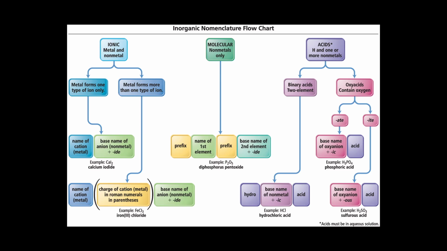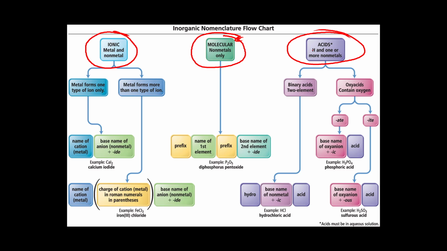And so if you're confused as to what kind of molecule you have, the key is this top section right here. If you have a metal and a nonmetal, that is an ionic compound, and so you'll use the ionic compound rules. If you only have nonmetals, that is a molecular compound. You'll use the Greek prefixes, the mono, di, tri, tetra, and so on.